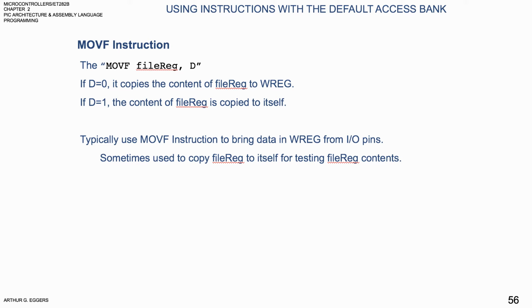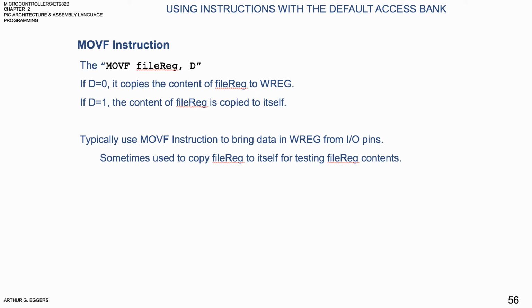In contrast, the MoveF instruction is widely used to bring data from an I/O port, such as port B, into the CPU. We also use the MoveF instruction to bring data into the working register from any SFRs or from any location in the GP RAM in order to perform arithmetic and operations on them.